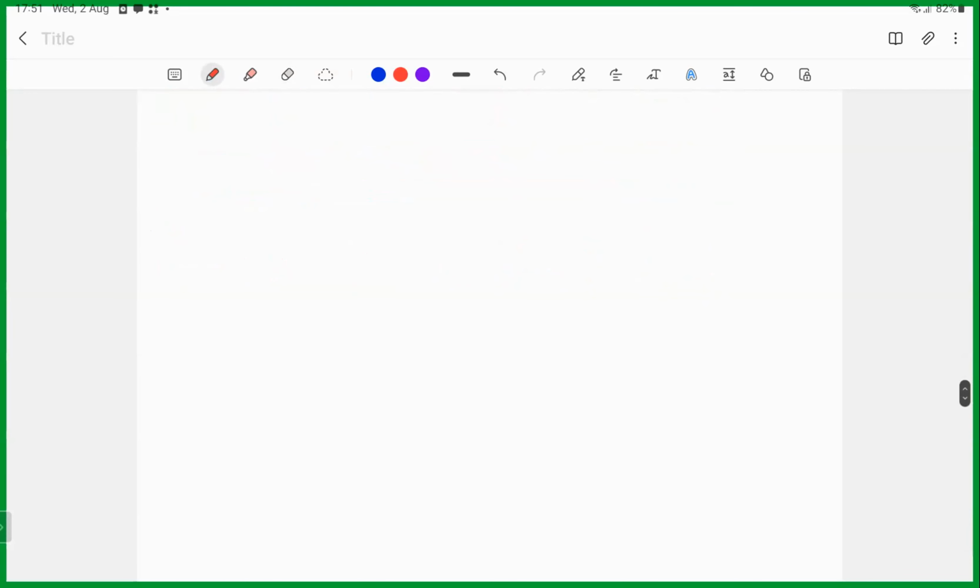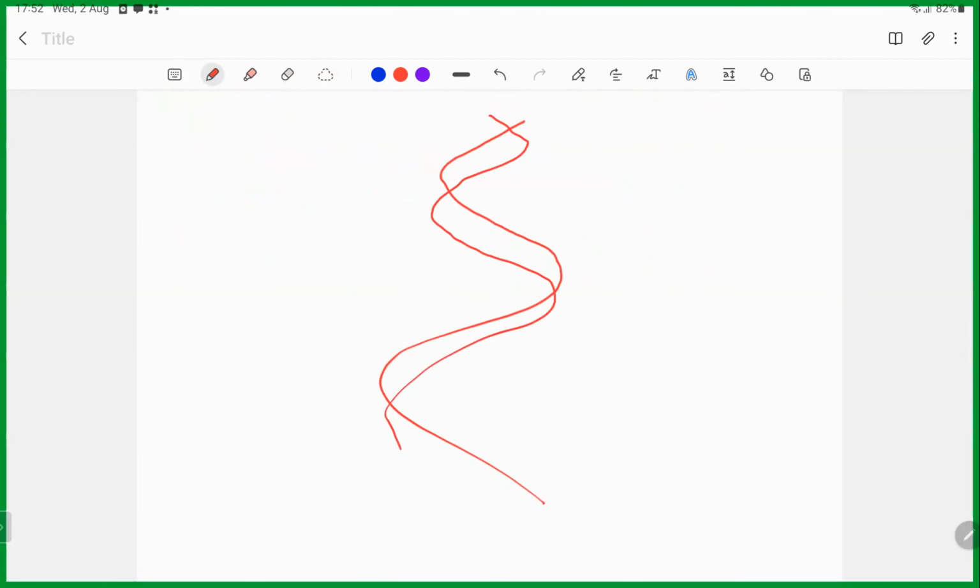So how this DNA looks like, they are telling. Okay, like this. Can you understand? So it is such a helical structure, the DNA. Is it clear?